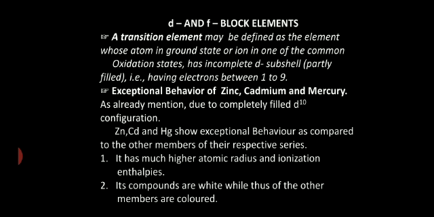This is why the atomic radii remain almost constant after midway in each series. Near the end of each series, there is a slight increase in the atomic radii. Why? Because the subshell is fully filled, like zinc, cadmium, mercury. As the subshell is fully filled, the electrons repel one another. Hence there is a slight increase in the atomic radii.